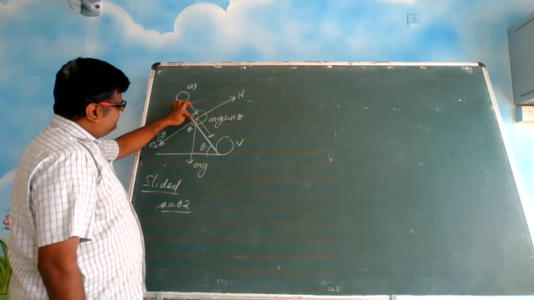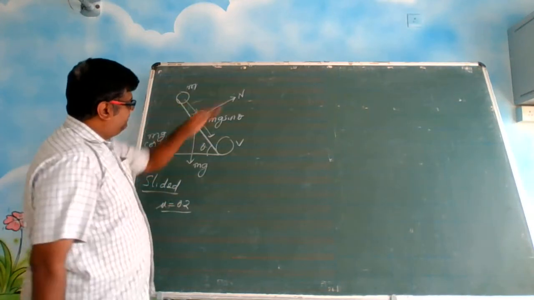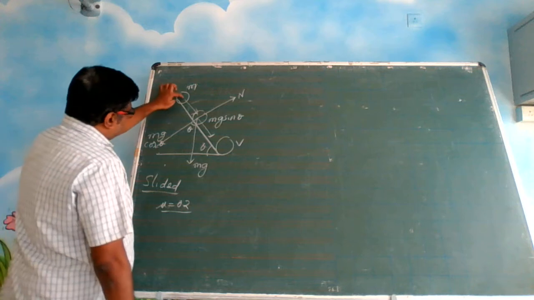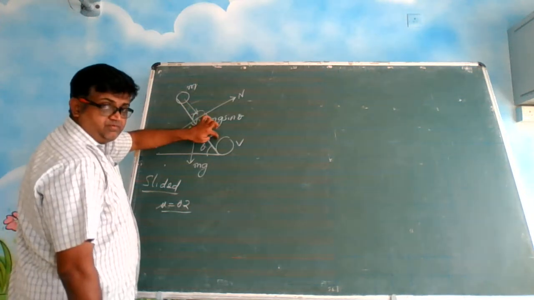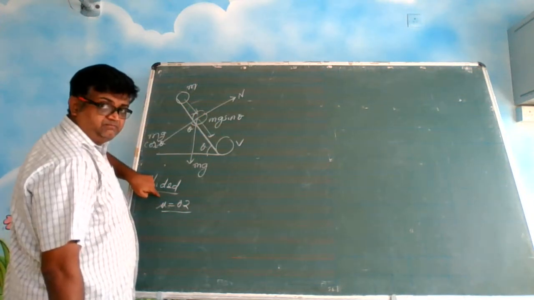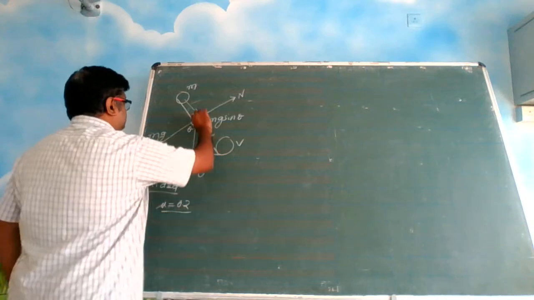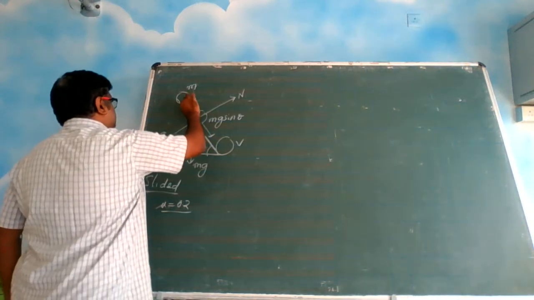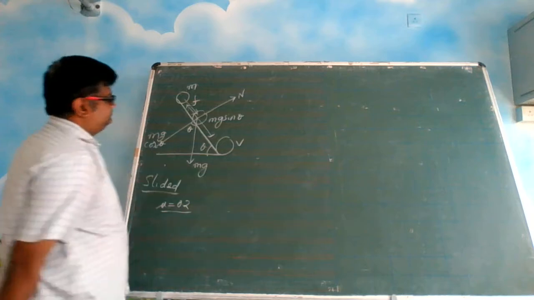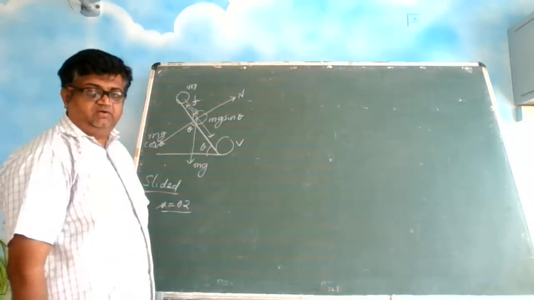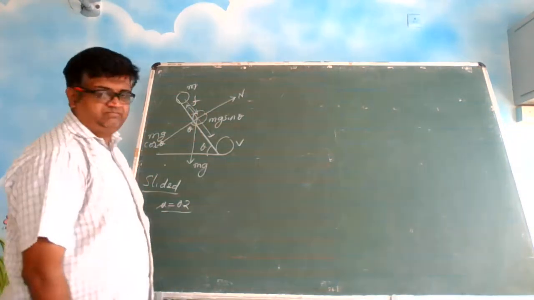Now the ball is rolling down. Frictional force is there, and it will oppose the motion. So frictional force F will act in this direction.